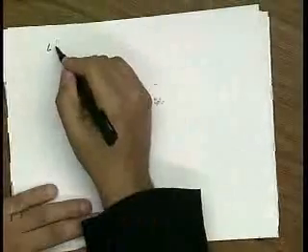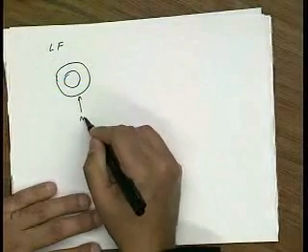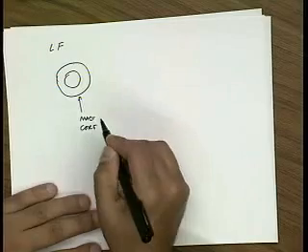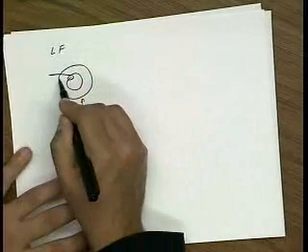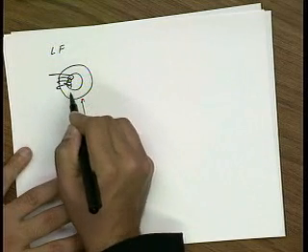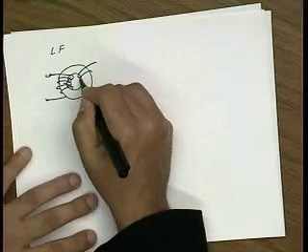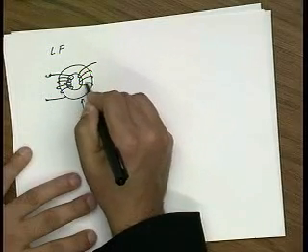Okay? So let me compare a low-frequency transformer and a high-frequency transformer. So I'm going to use a magnetic core, and I'm just going to wind my primary here and my secondary here.